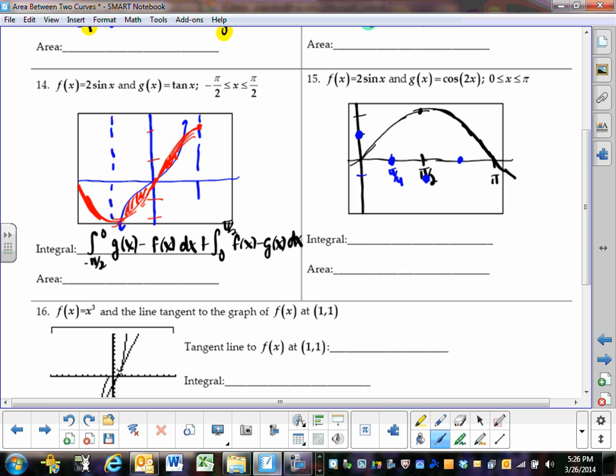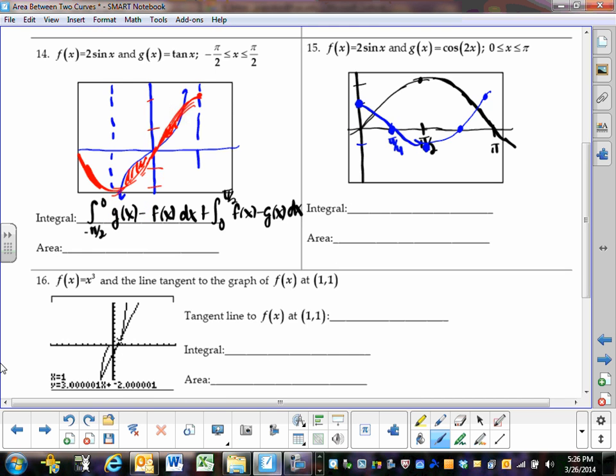And then we get 0 again, and then cosine of 2 pi would be 1. So we're going to have this situation. Okay, so setting this up between 0 and pi, it's going to be like a candy wrapper. Kind of a little weird situation going on.